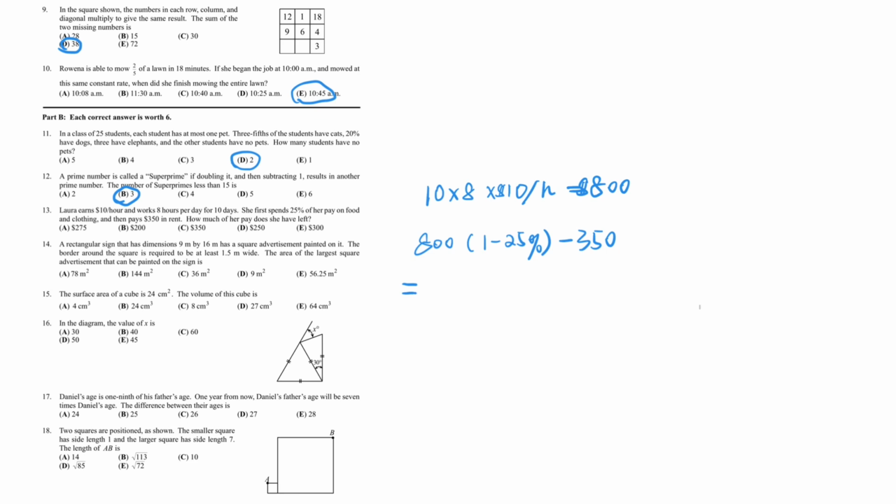And that's the 800 times 75%. 75%, that's the 75 over 100.